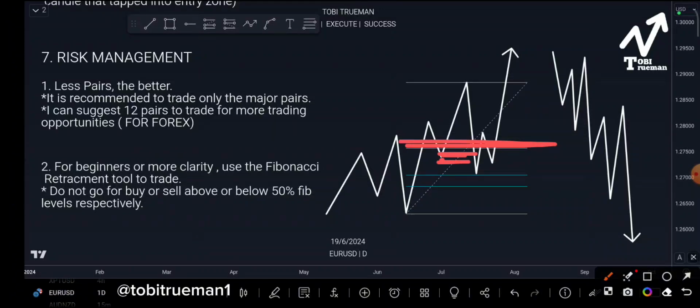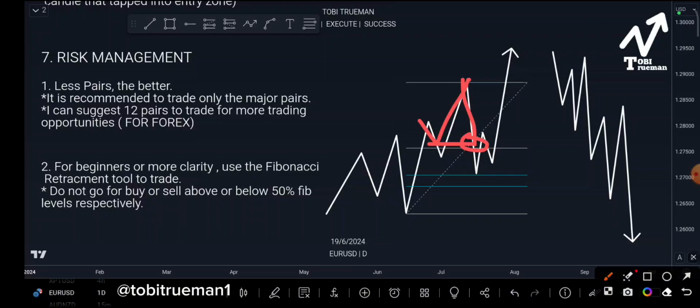If price gives an entry here using maybe liquidity, a single kind of order block, all those things, we can confidently buy it. Then if price also comes to the order block, we can also buy it accordingly. But there are sometimes when the inducement may just be above the 50%, and when price comes and takes the inducement above the 50%, buying here can also play out, but it might be risky.